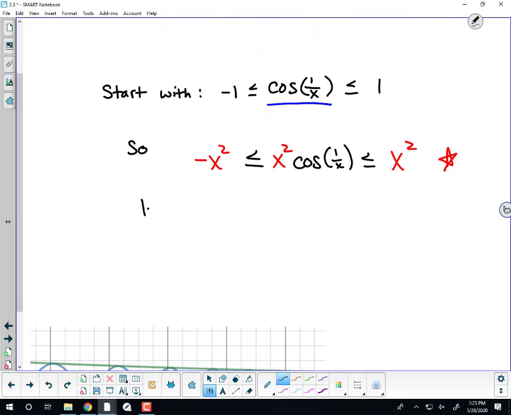So then we have the limit as x approaches 0 on all three of our pieces.